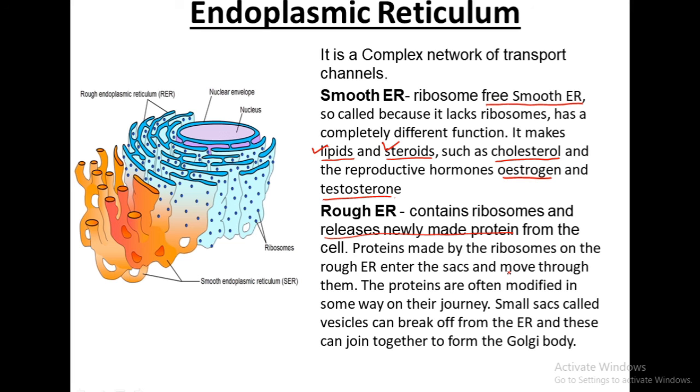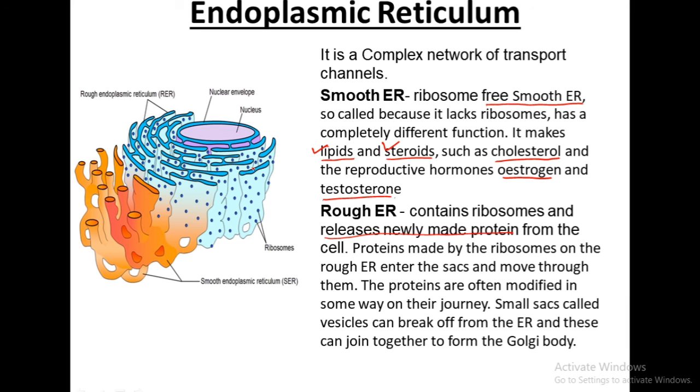So whenever a protein is formed inside the rough endoplasmic reticulum, these proteins will move through these stacks and come out from the membrane via vesicles, and these vesicles coming out from the rough endoplasmic reticulum join with the Golgi body.